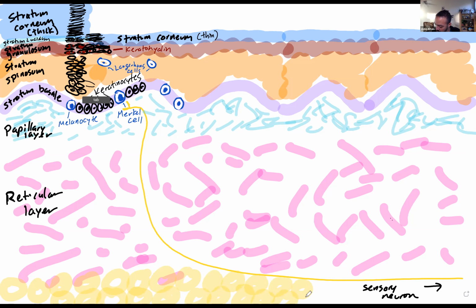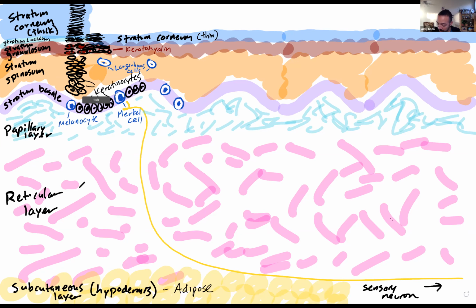This is adipose tissue. You can call this the subcutaneous layer. You can call this the hypodermis. It's the same thing. This layer, to remind you, is made of adipose.